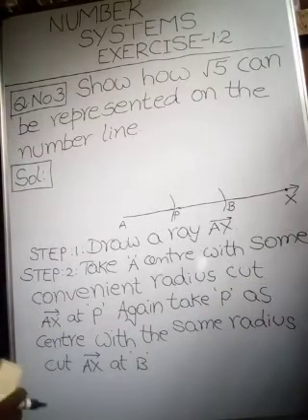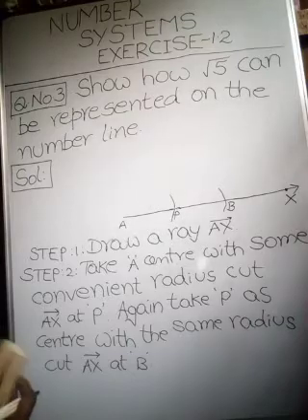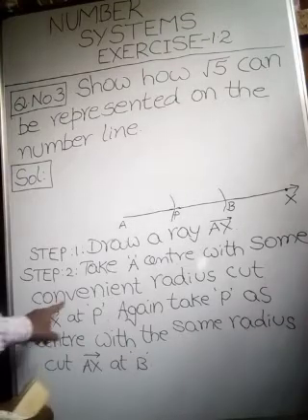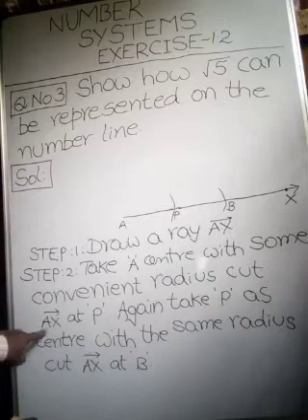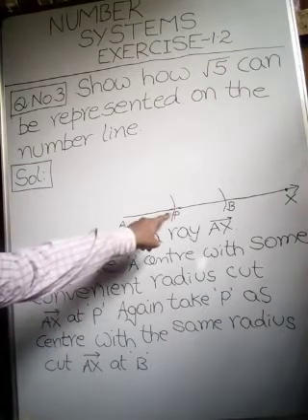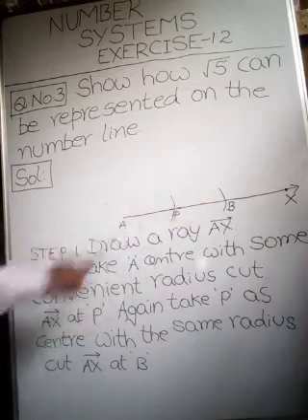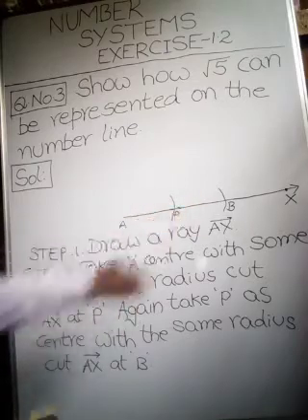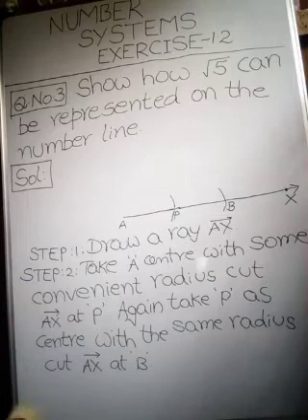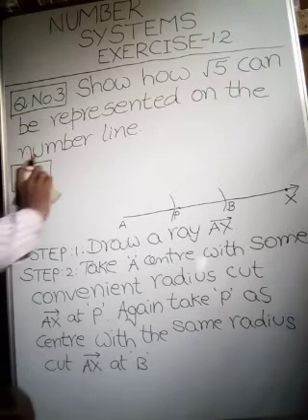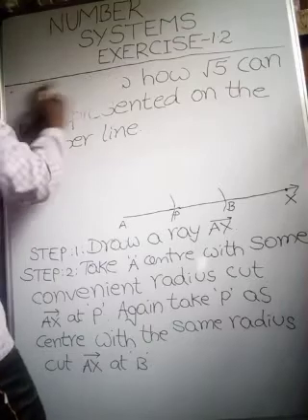I told you, you can take 2 centimeters or 3 centimeters or 4 centimeters as you wish. With your convenient radius, cut AX at P. Again take P as center with the same radius and cut the AX ray at B. We got point B. Understood, my dear children?